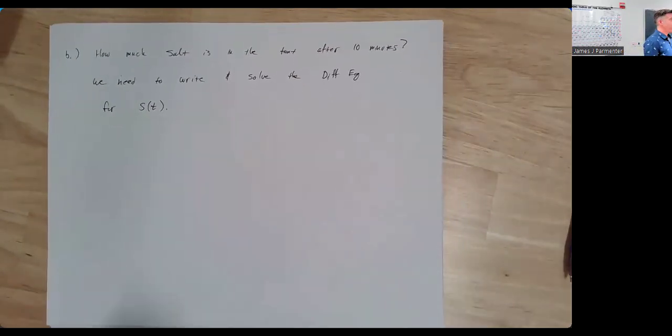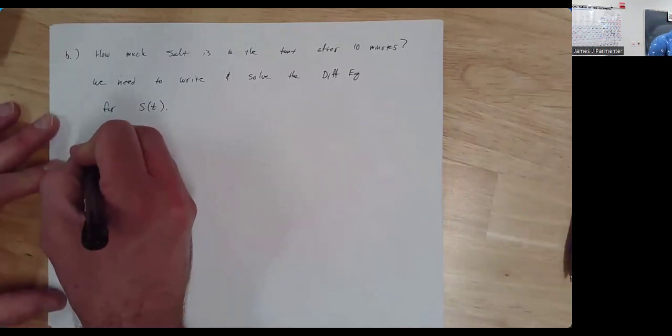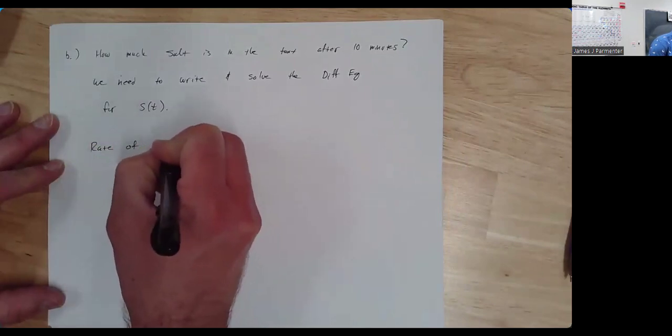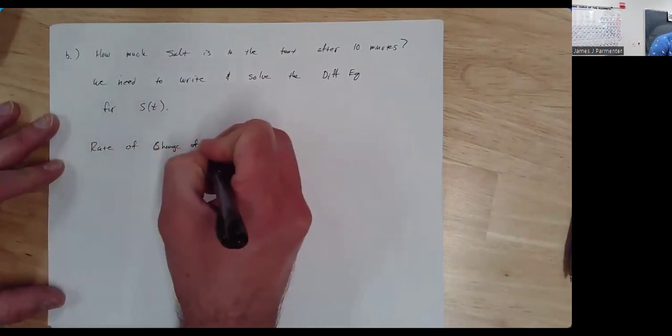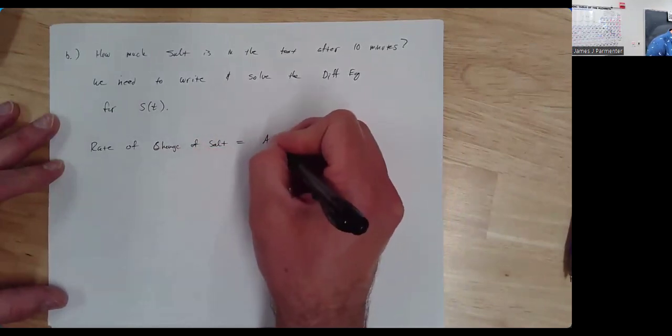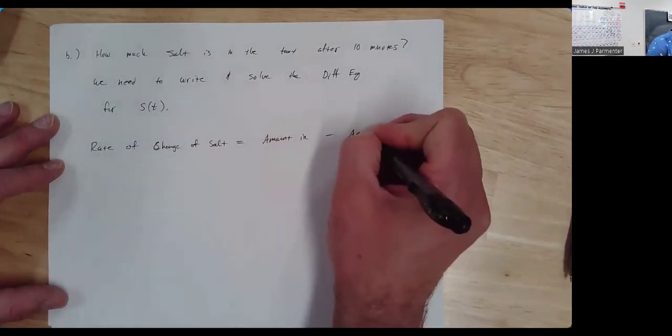All right, so for any tank problem, it's always the rate of change of your stuff, in this case of our salt. So the rate of change of the amount of salt is equal to the amount in minus the amount out.